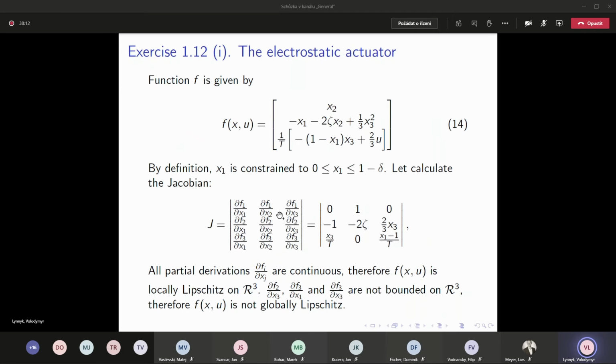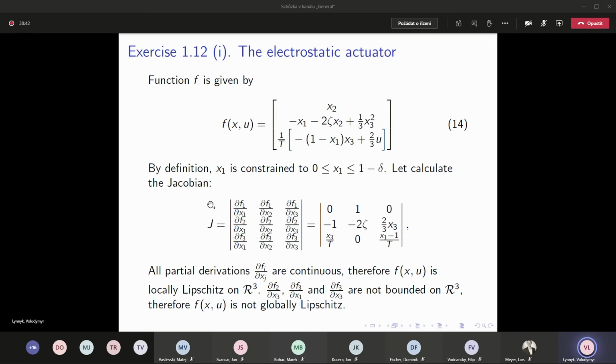Okay. The next example is the electrostatic actuator, where function f is given by the next equation. By definition, x1 is constrained to be greater or equal to 0 and less or equal to 1 minus sigma.